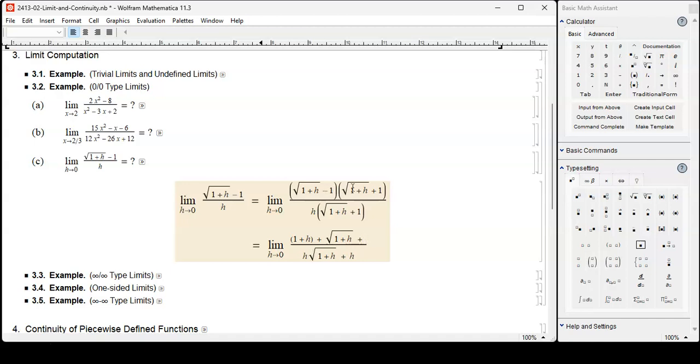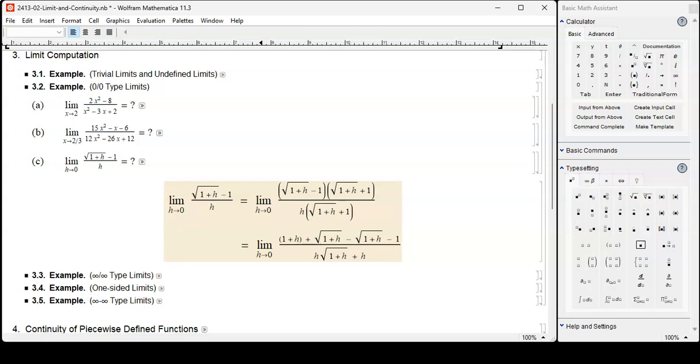Inside, negative 1 times the square root, so minus of square root of 1 plus h. Finally, last, negative 1 times positive 1. And these two cancel out. They must cancel out. Otherwise, you wouldn't have multiplied the conjugate to begin with.